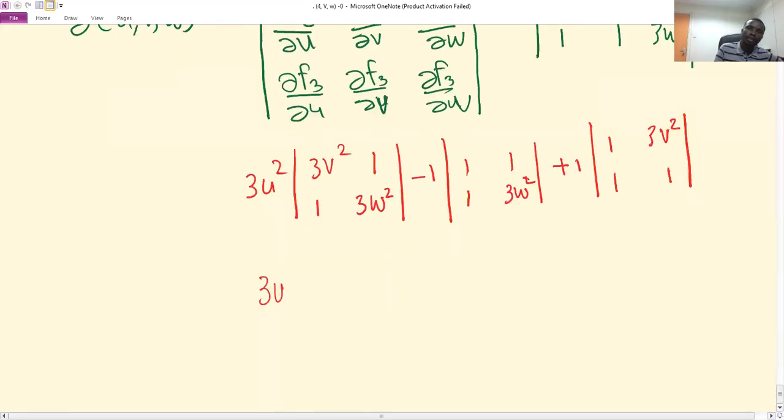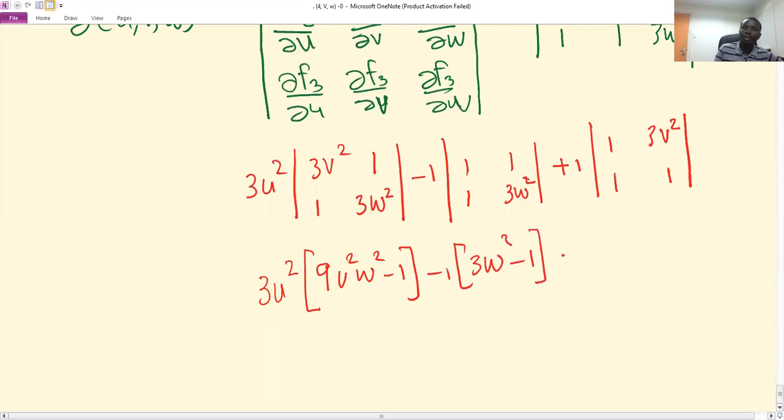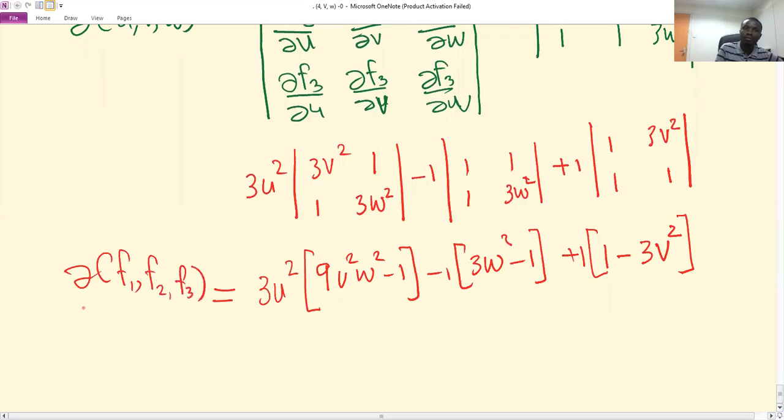So 3u squared into, this is 9v squared w squared minus 1 into 3w squared minus 1 plus 1 into 1 minus 3v squared. Remember, this is the Jacobian of f1, f2, f3 with respect to u, v, w.